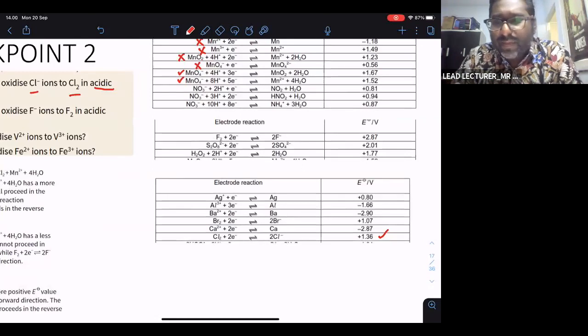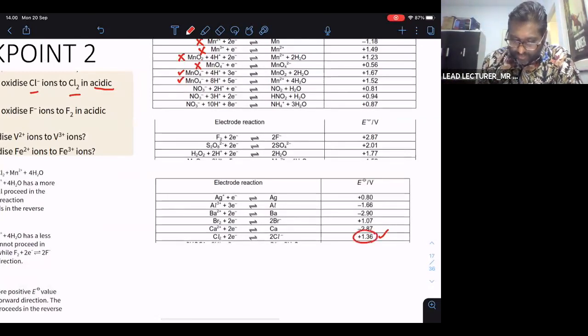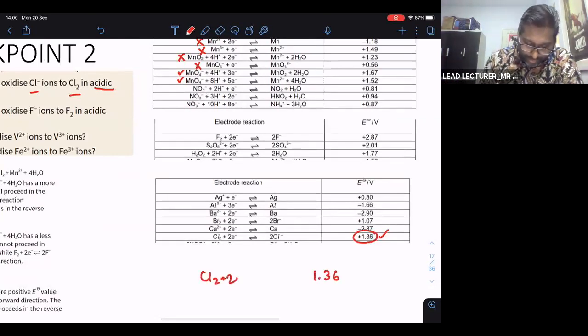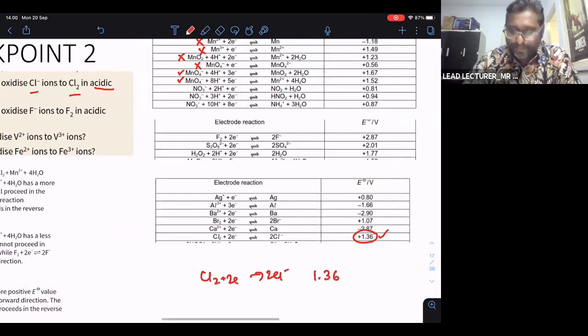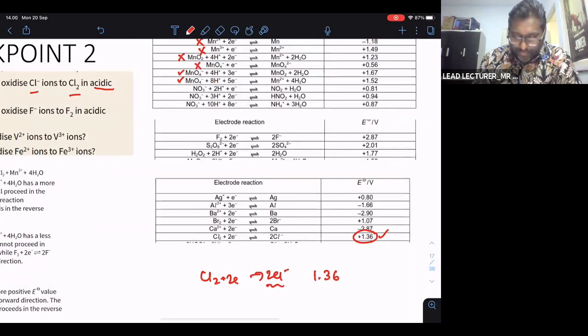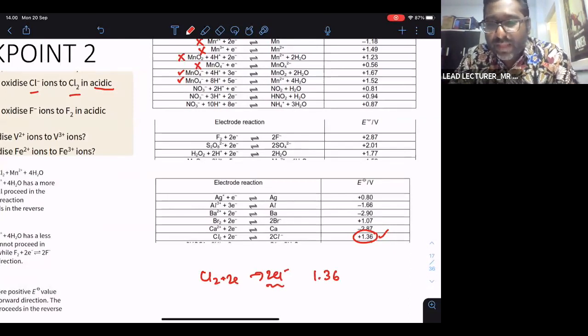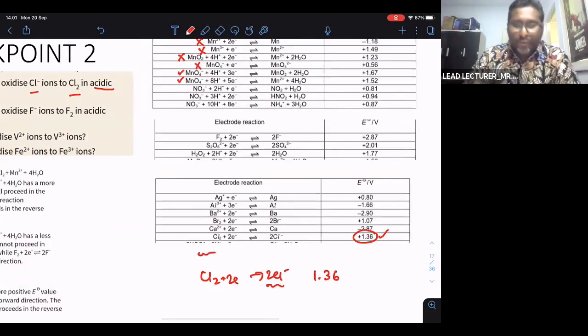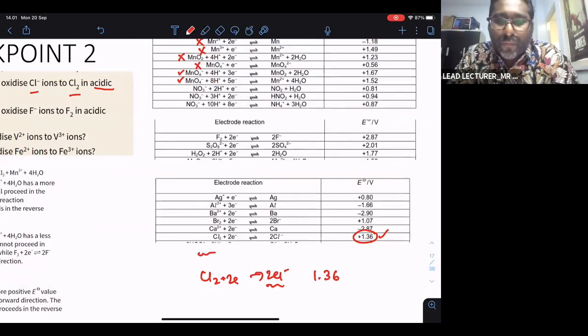Now, I will use the first method. You see here, this is 1.36: Cl2 plus 2 electrons gives 2 Cl minus. It means that if I want this to be oxidized, I must have something that is actually above, something on top, an SOA. It must be something greater than 1.36.